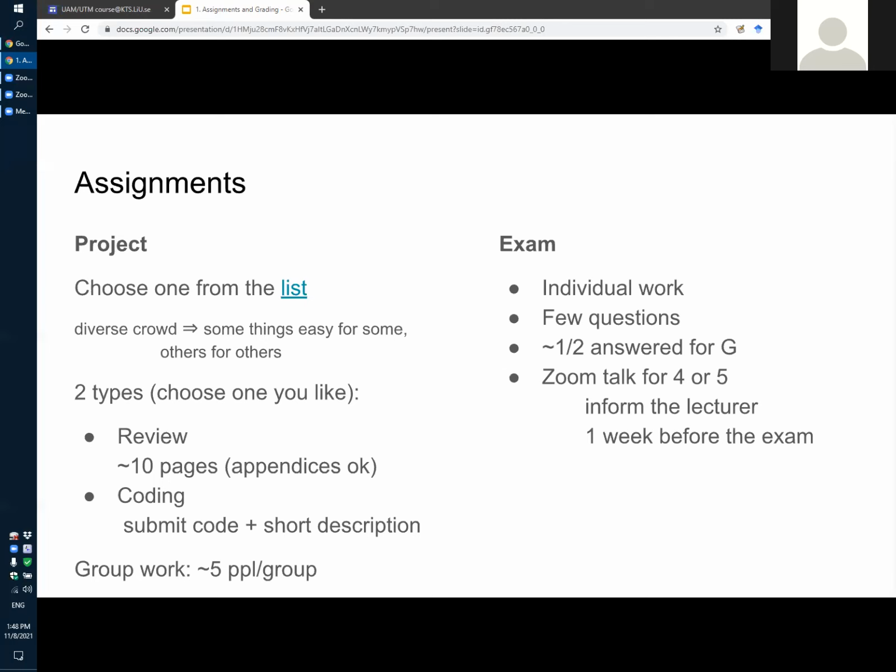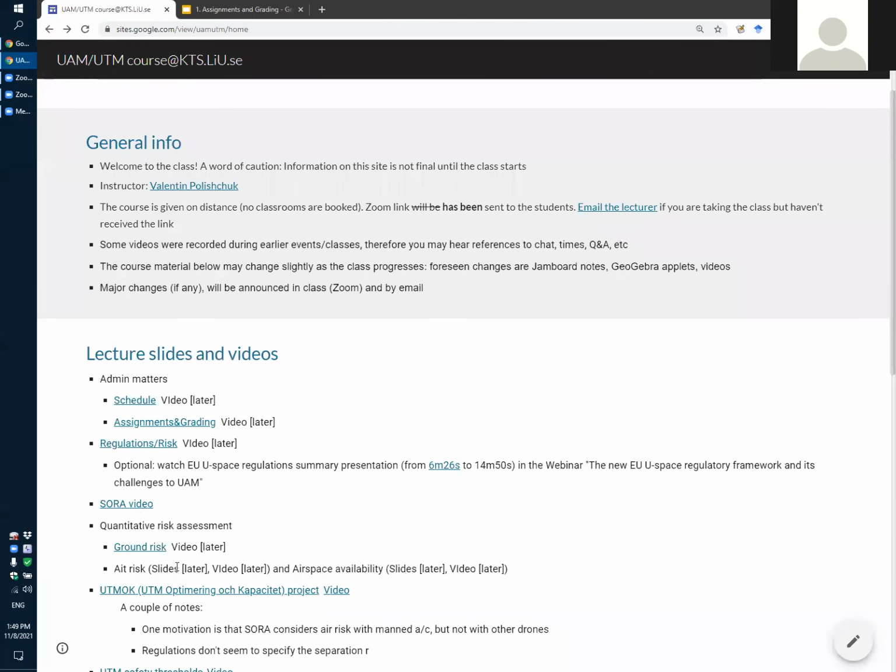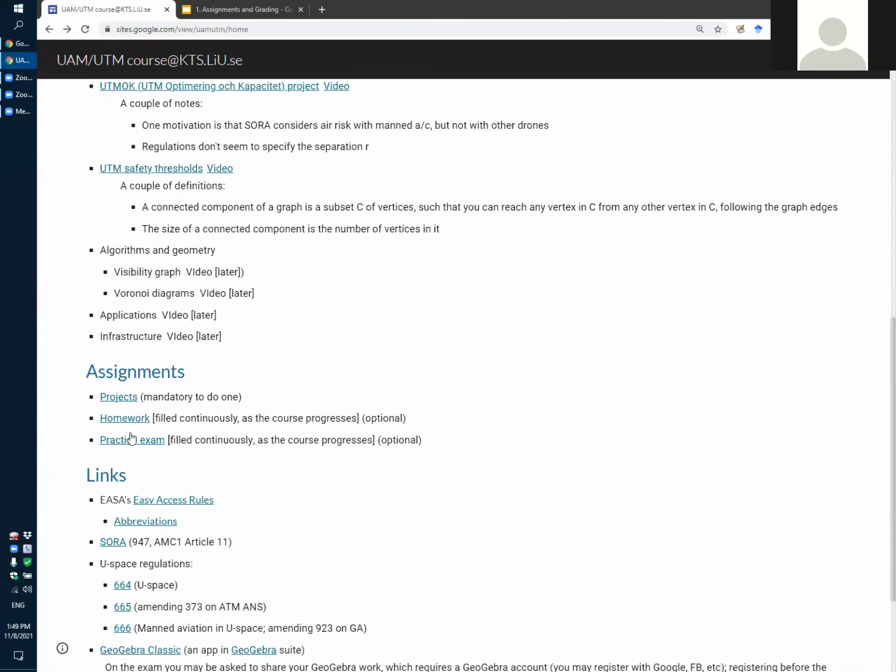Right, so there was a question whether you can write the report in Swedish. Yes, you can. Both Swedish and English work. I want to check the grammar, and other than grammar, I can read Swedish. For the exam, I think it is even stated explicitly that you can write in English or in Swedish.